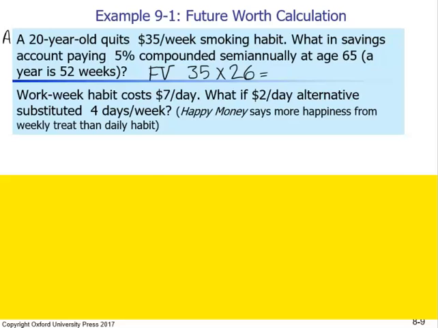Because it is telling you compounded semi-annually, so you need to calculate that amount. And this 5% here is annual, nominal. So every 6 months in reality is 2.5%.